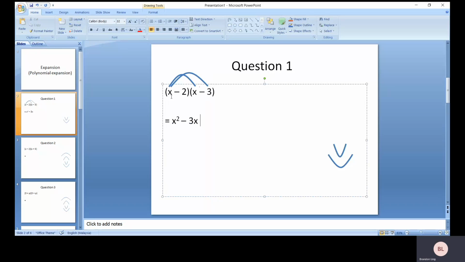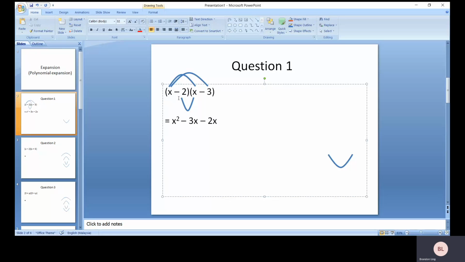Once we have done with this value x, we move on to this value negative 2. This negative 2, you need to multiply the next bracket with the x and also minus 3. So here you have minus 2 times x, you get minus 2x.